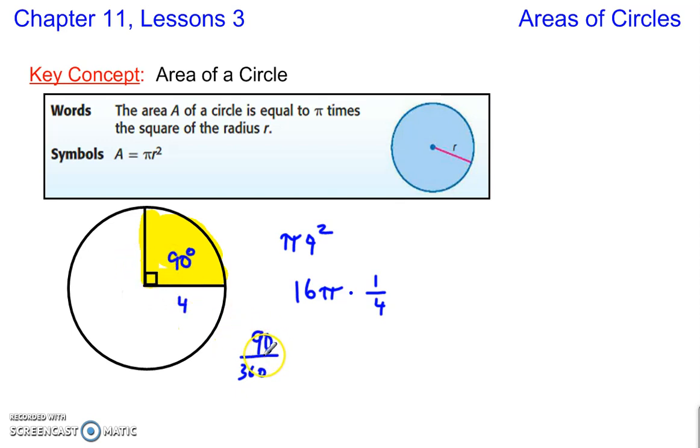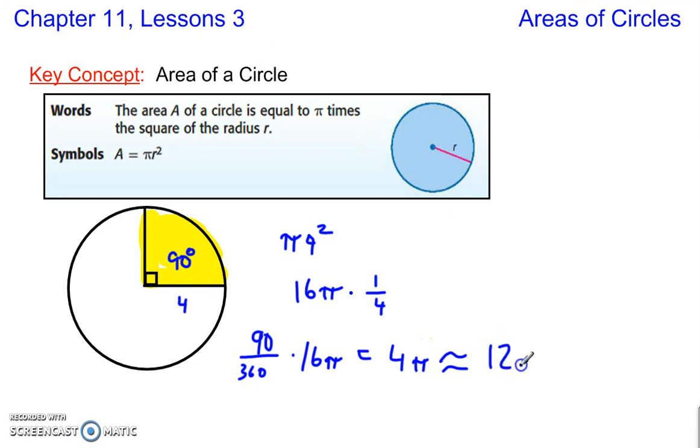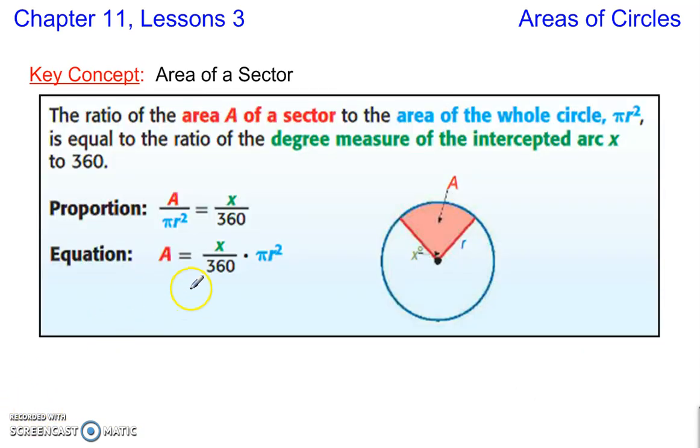The angle out of 360 times 16 pi gives me 4 pi for the area of this part of the circle, or I can multiply that 4 times 3.14, and that's approximately 12.56 or 12.57, depending on how many digits of pi you use. Alright, so our general rule is x over 360 times pi r squared for the area of a sector.